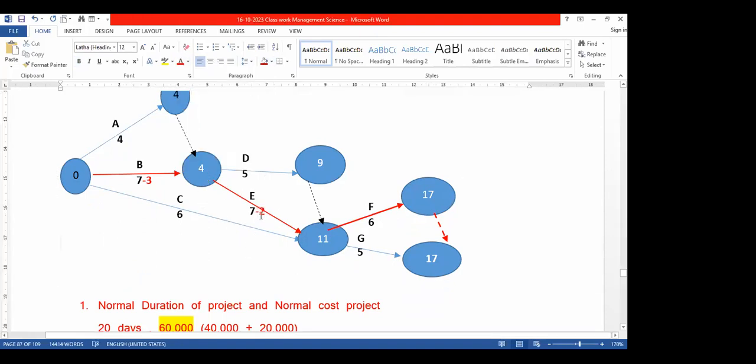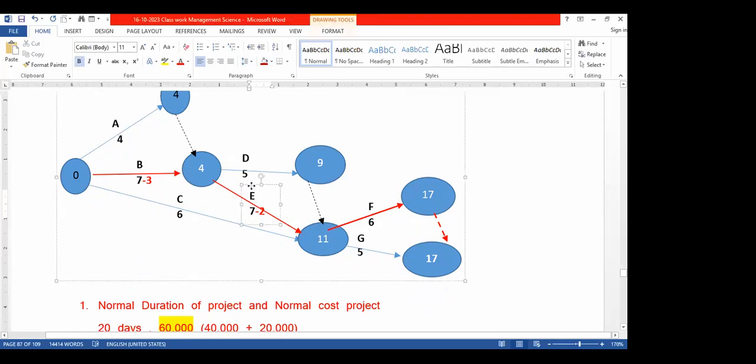So 4, now 5, becomes 9, because 7 minus 2, 5. 5 plus 4, 9. 9 plus 6, 15.